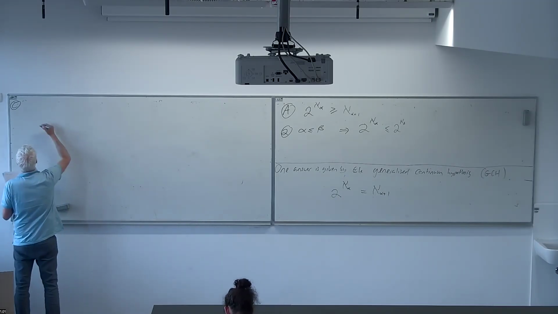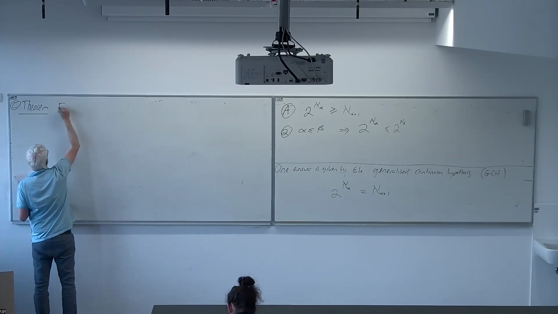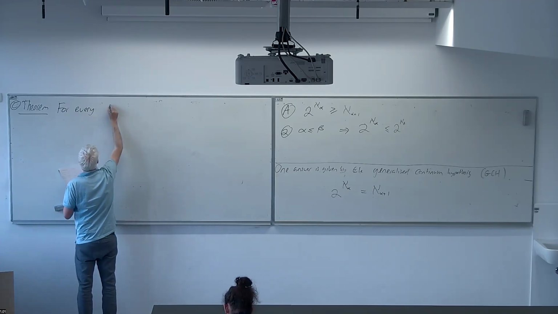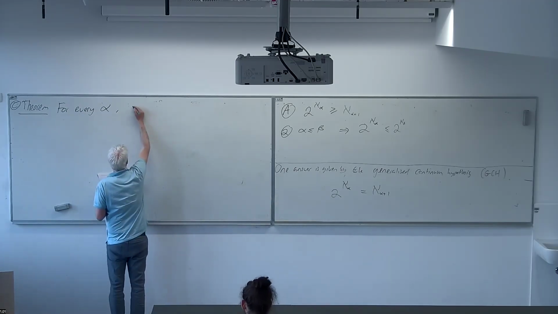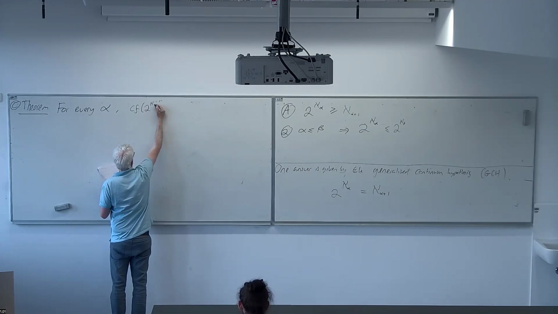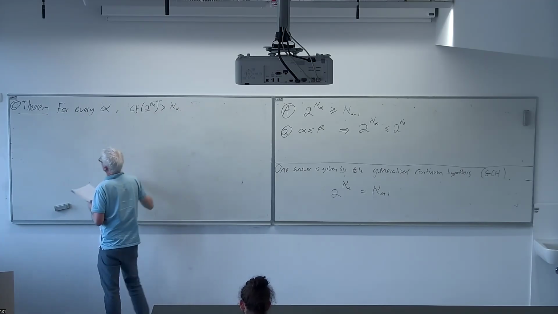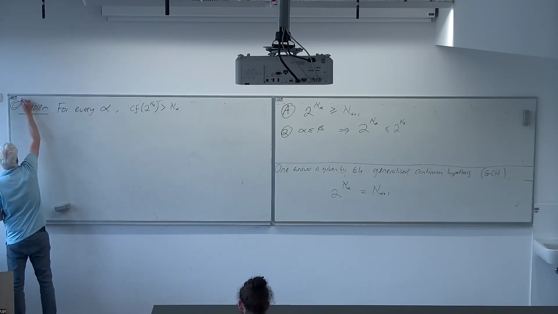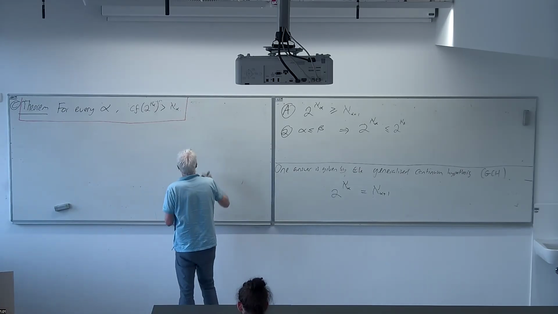And this theorem says, for every alpha, we don't know what 2 to the aleph alpha is, but we do know a property that it needs to satisfy, which is that something called its cofinality has to be strictly greater than aleph alpha.